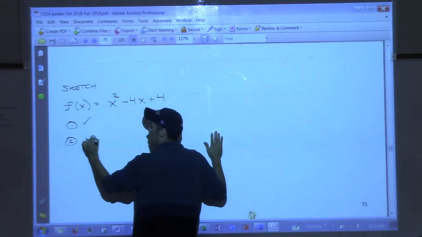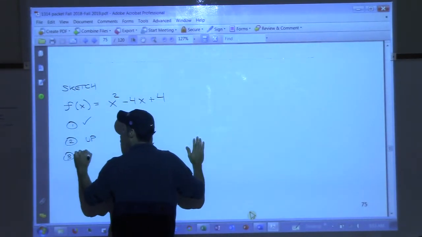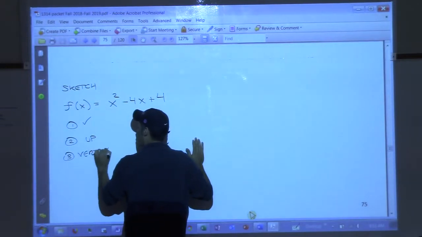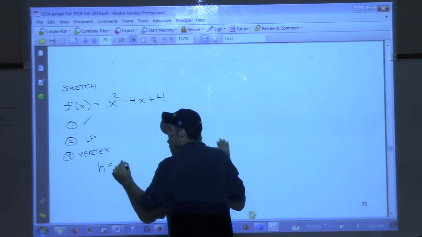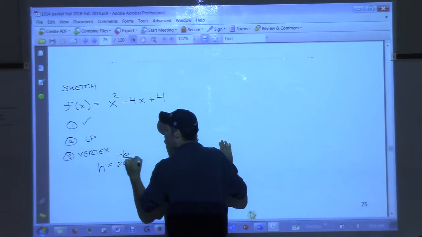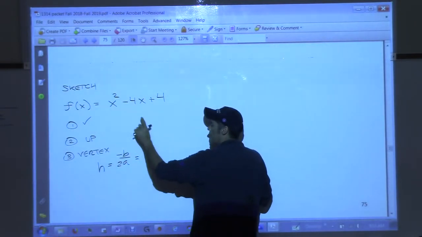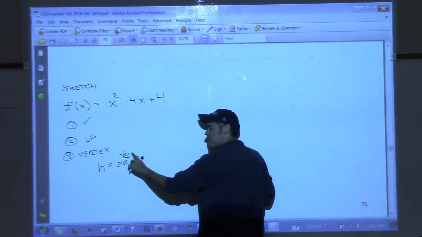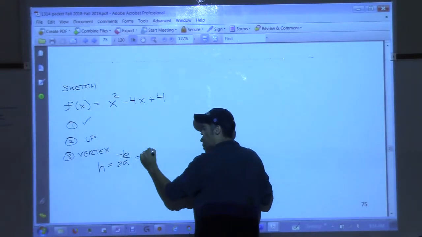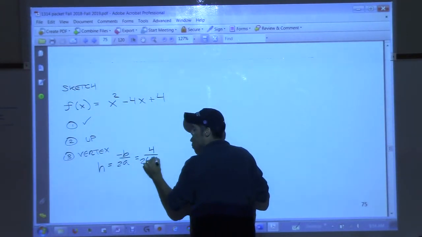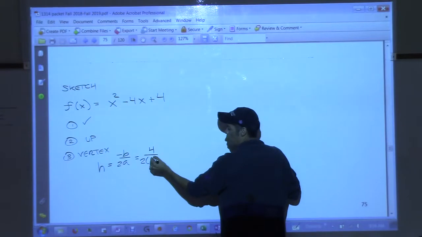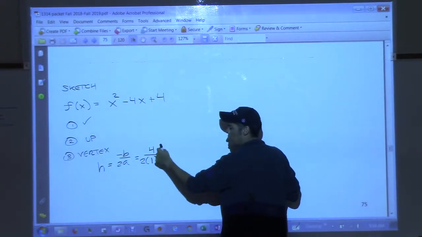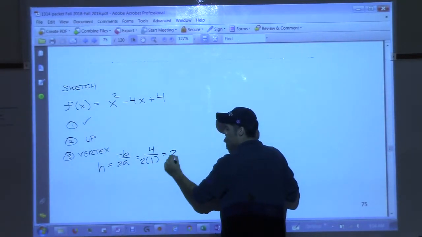Up. Okay. Vertex, I have to find h, so I take negative b divided by 2 times a. For us, negative b is 4, and then over 2 times what number? 1, okay, so now we have 4 over 2, which is just 2.